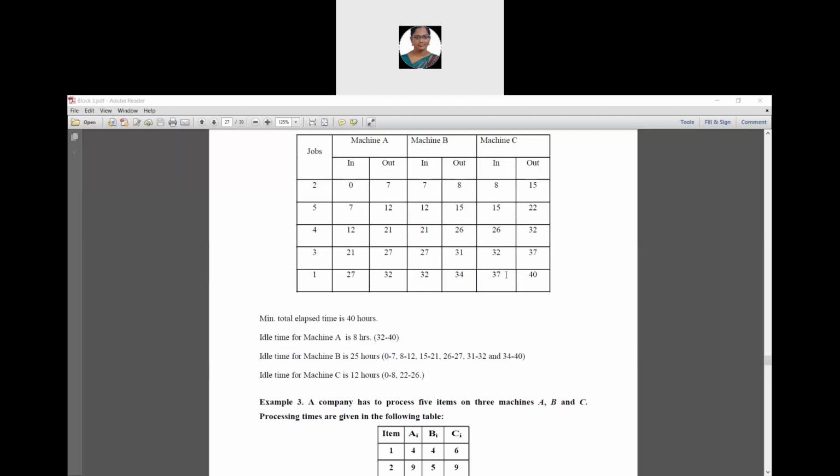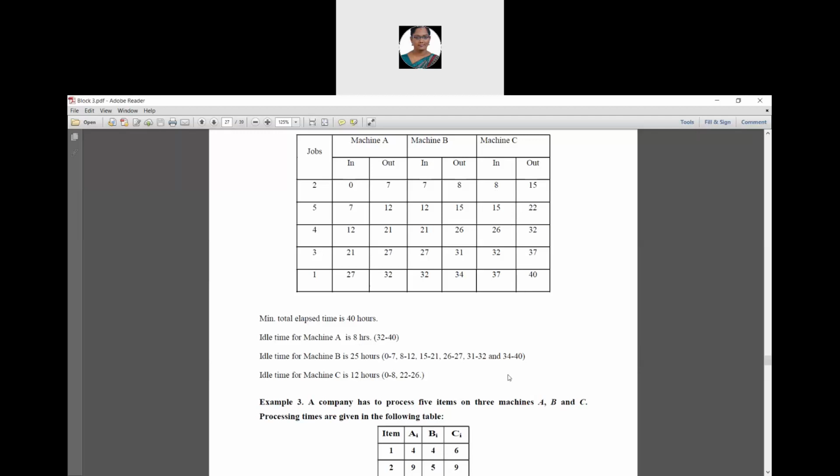So first we write the first in value 8, plus the difference between 15 and 15, which is 0, no need to write. The difference between 26 and 22; the difference between 32 and 32 is 0, and the difference between 37 and 37 is also 0, so no need to write. So the first in value 8 plus the difference between 26 and 22. It is 12 hours.